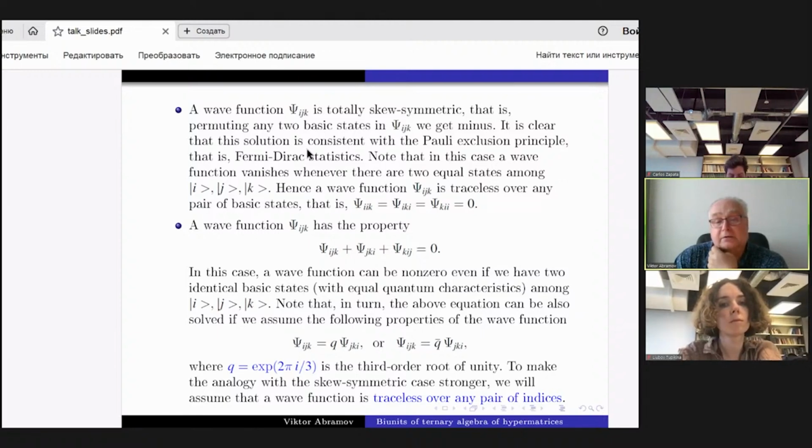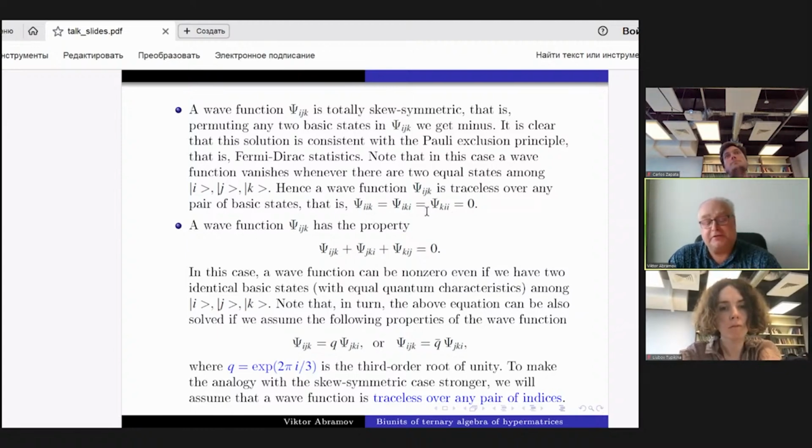And from an algebraic point of view, the algebraic structure which is adequate to describe this situation is a Grassmann algebra. Now, for me, it's very important that here we see that the wave function will be traceless. So if we take the trace over any pair of indices, it will be 0.